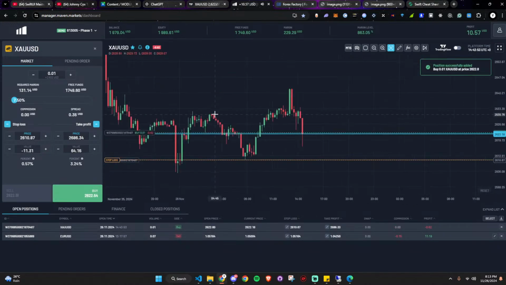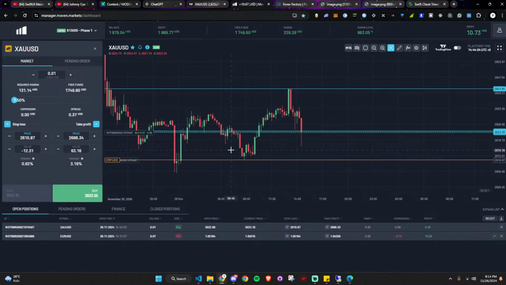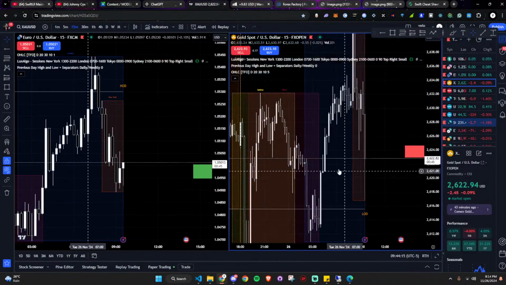Okay. Cool. First breaker structure, and I break even. Come on, give me the first breaker structure and I break even. Once I break even, I let it play out. Okay. It's as simple as that.